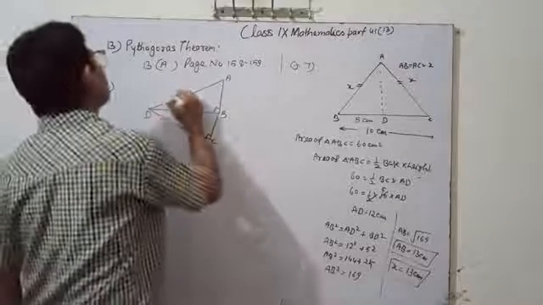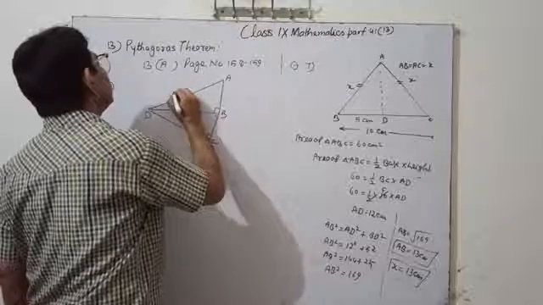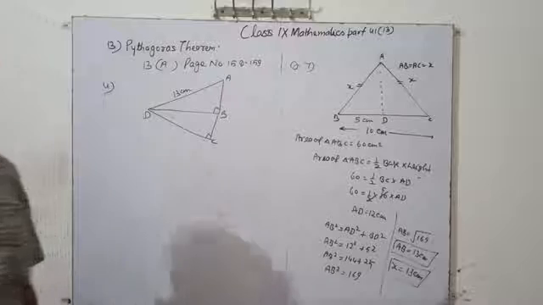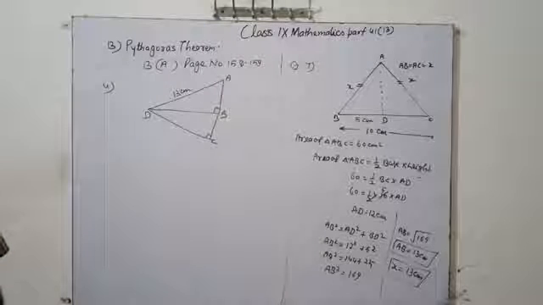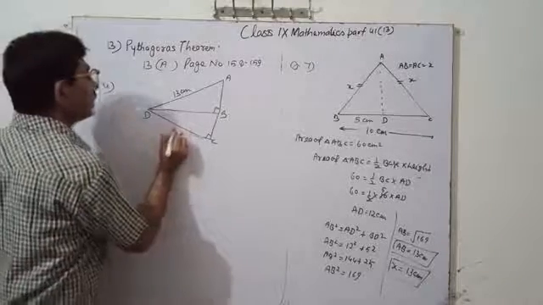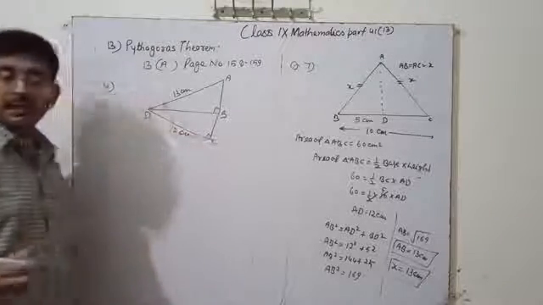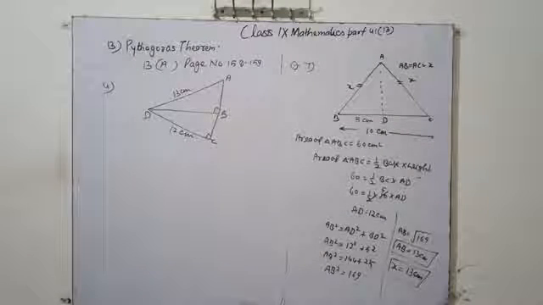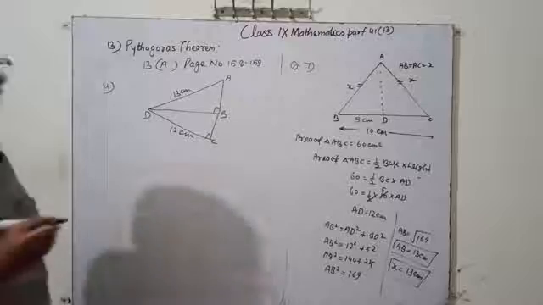Here given AD equal to 13 centimeter. And DC is given here, 12 centimeter. This is 12 centimeter in the figure. BC is given 3 centimeter.